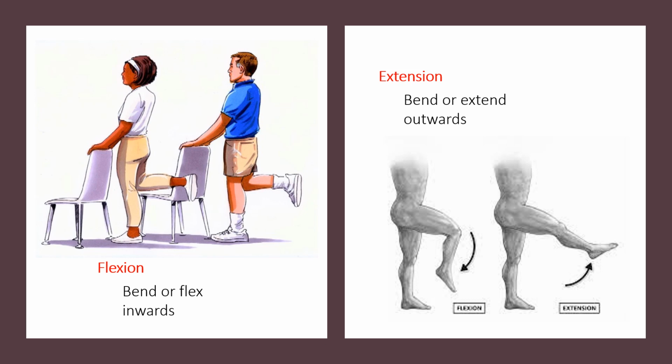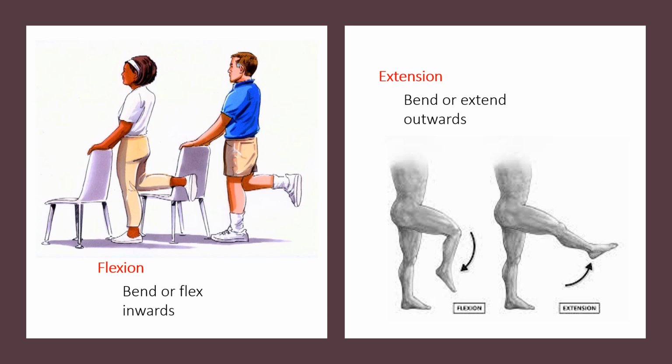Because there's a bend at the groin area, they have flexed the hip as well on both pictures. So this is knee flexion and knee extension, but with a flexed hip as well. So should they put the leg down to the floor, then that would be a hip extension.